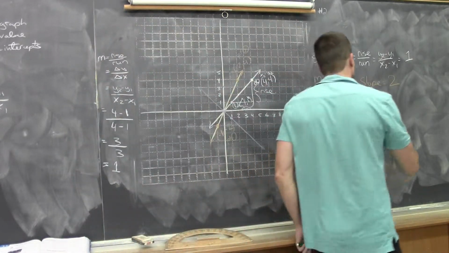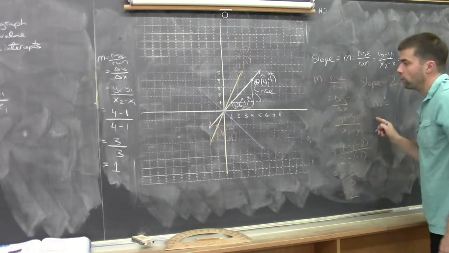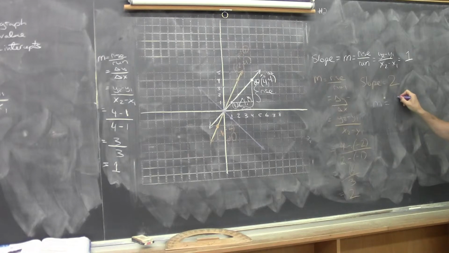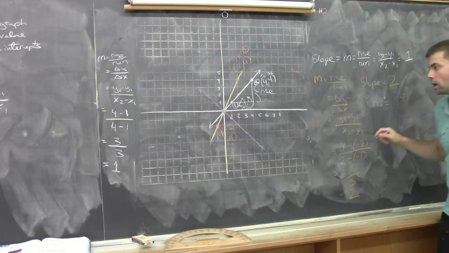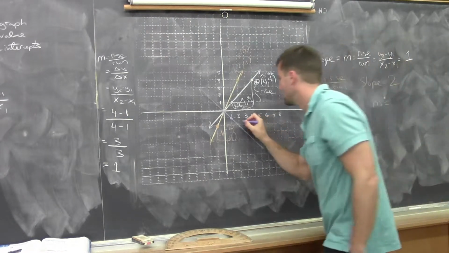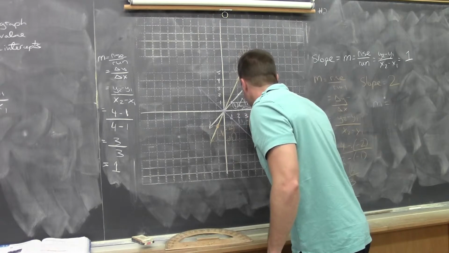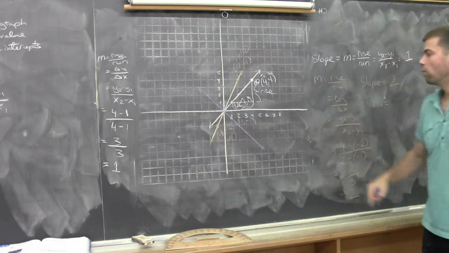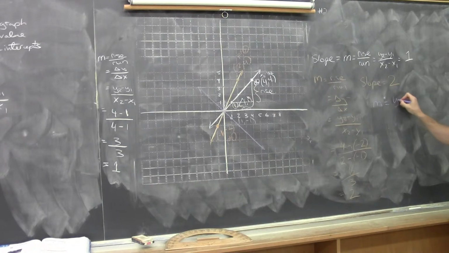So here's my slope for my purple one. Our points are 1, -1, and 0, 0. y2 minus y1 over x2 minus x1.